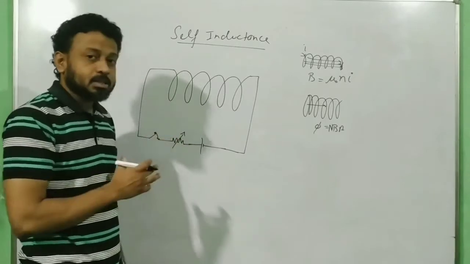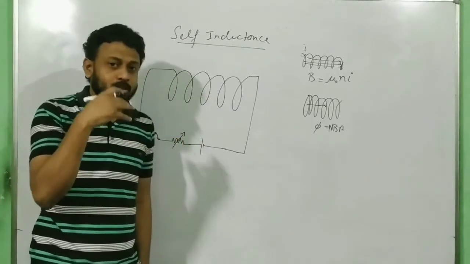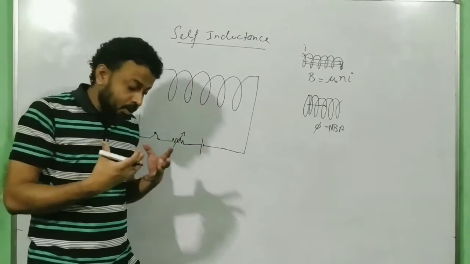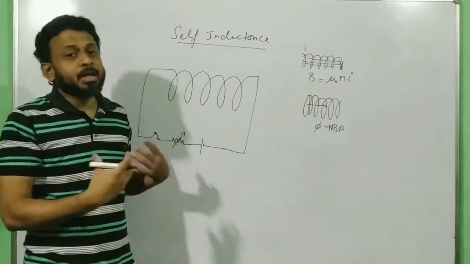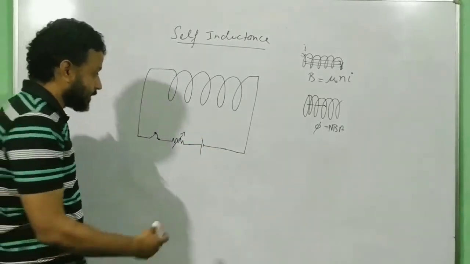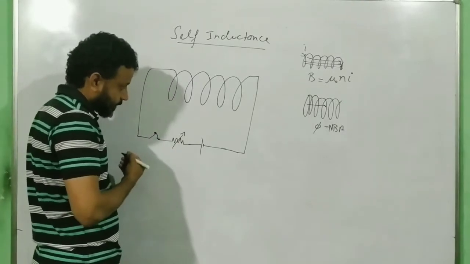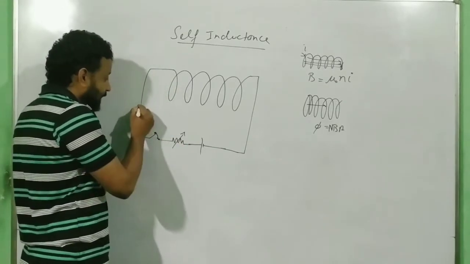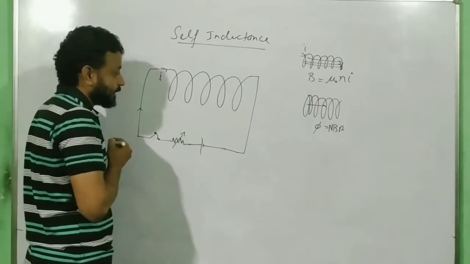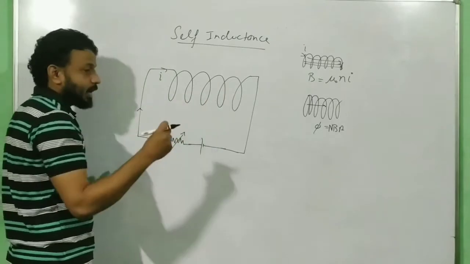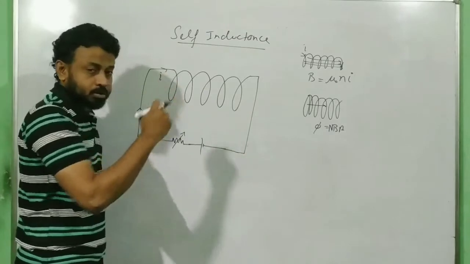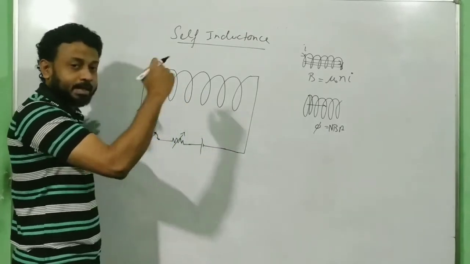If the flux has changed, then what has it caused? It has caused an induced EMF. The induced EMF will try to oppose the cause, and we are going to see that over here now. If this is the main current I which is flowing in the circuit in this direction, then the induced EMF, which will happen for a very short interval of time, just at the beginning of the switching on, at that time only it will happen.